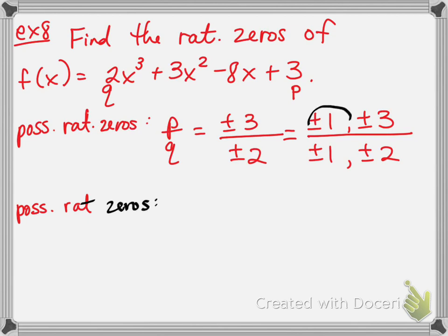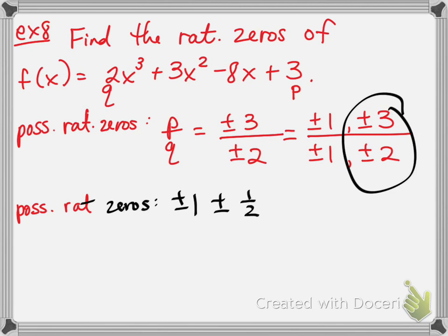The next one is taking the 1 and putting it over the 2. We just want all the possibilities here. We've used the 1 with the 1 and the 1 with the 2. So now we can do 3 over 1. So plus or minus 3 is an option. And then we can also do 3 over 2. So plus or minus 1, plus or minus a half, plus or minus 3, and plus or minus 3 halves.